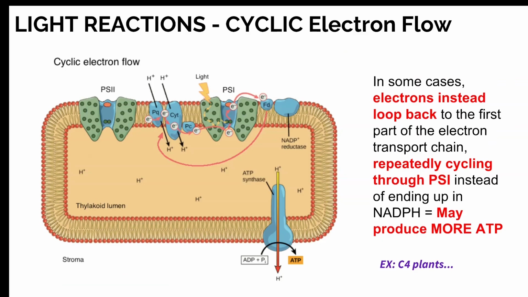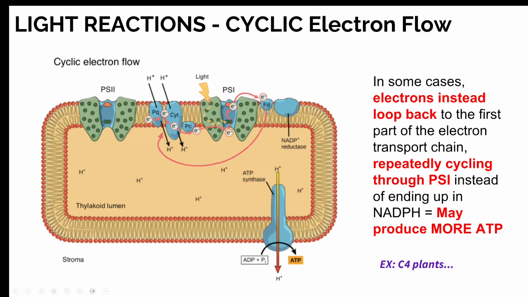Now, last thing we're going to note about the light reactions is that there are some cases in plants in which instead of the electron being accepted by NADPH, sometimes we don't make NADPH. Sometimes we take that electron and we loop it back to the first part of this electron transport chain.